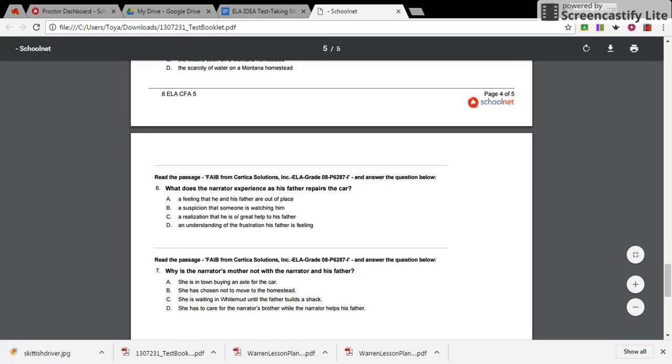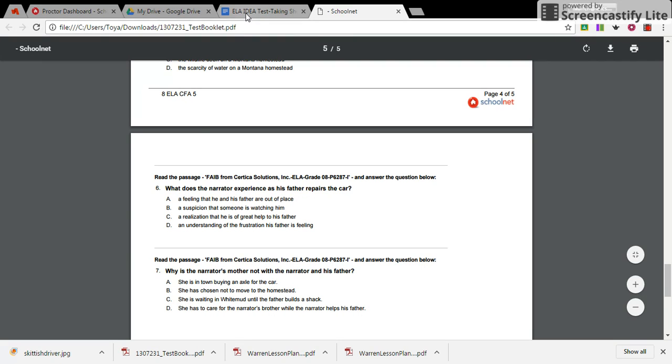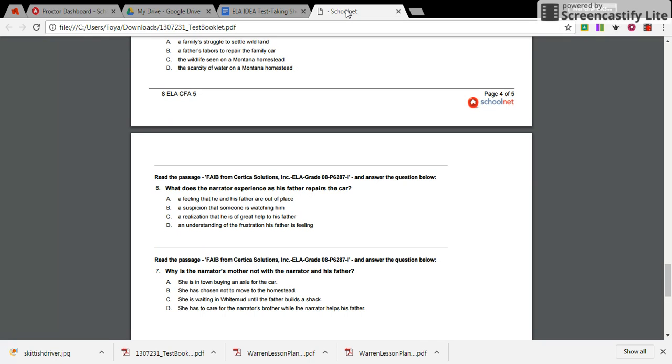Say, for example, you choose to focus on question number 6. On your paper right here, you would write out 6, and then you would need to identify the keywords in question number 6.